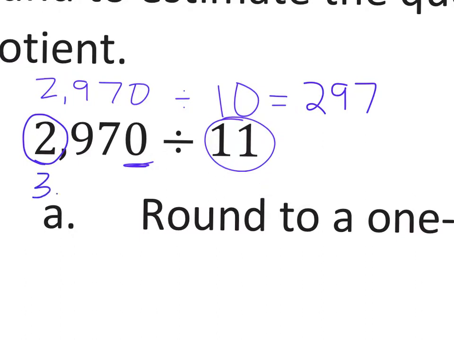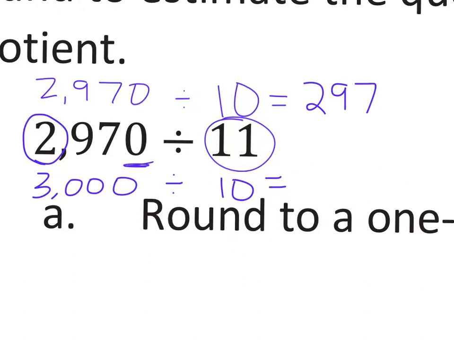So I'm going to change this to 3,000 divided by 10. Now I've changed this number twice. I left the divisor at a 10, but now I've also changed my big number, which means this answer will probably be a little farther off of the real answer because I've added more change.